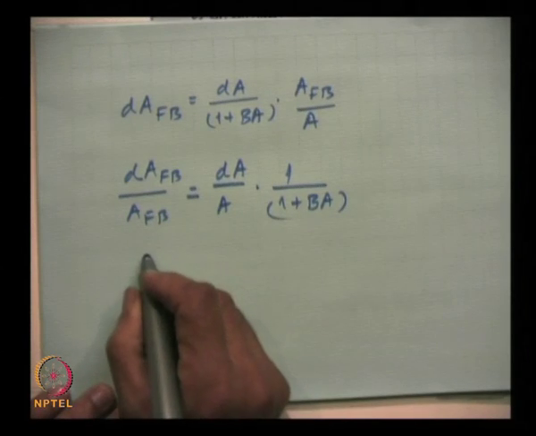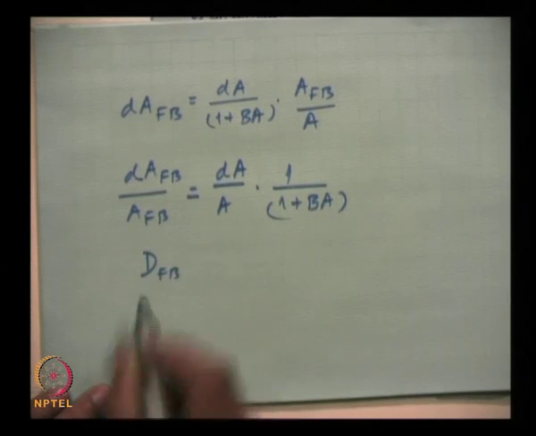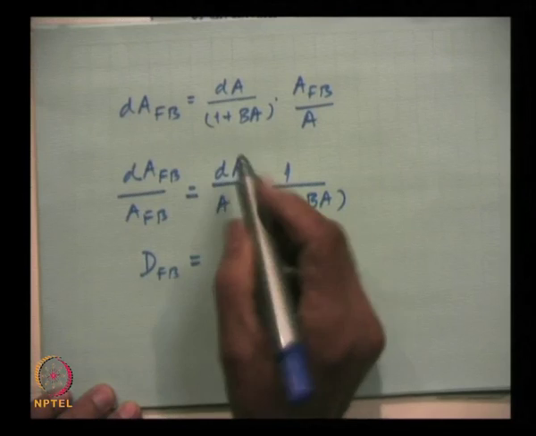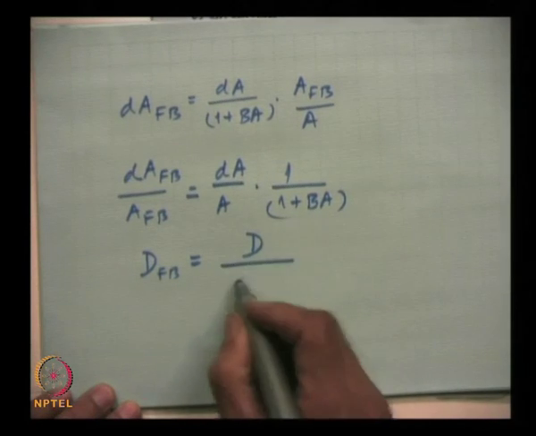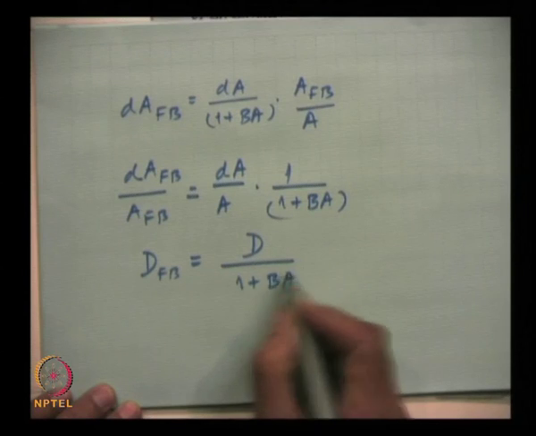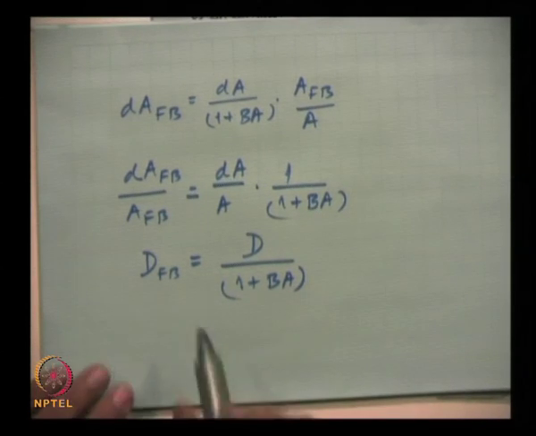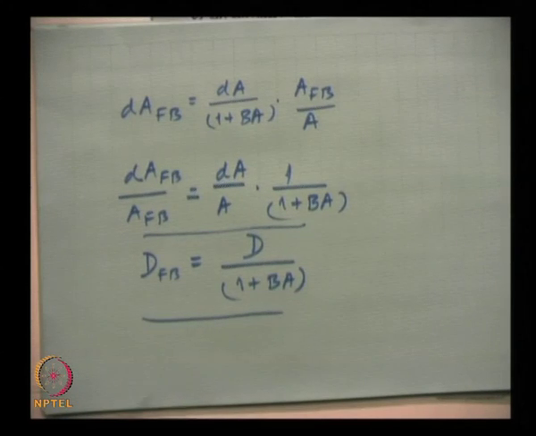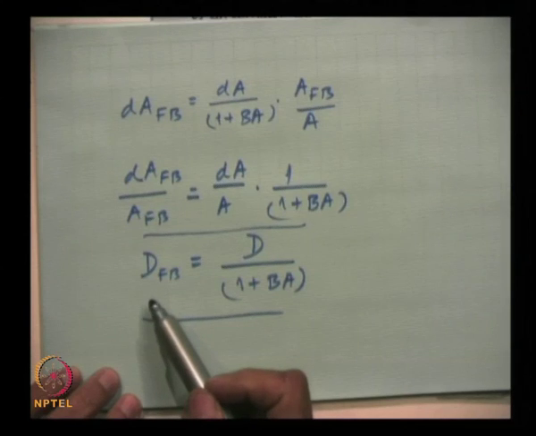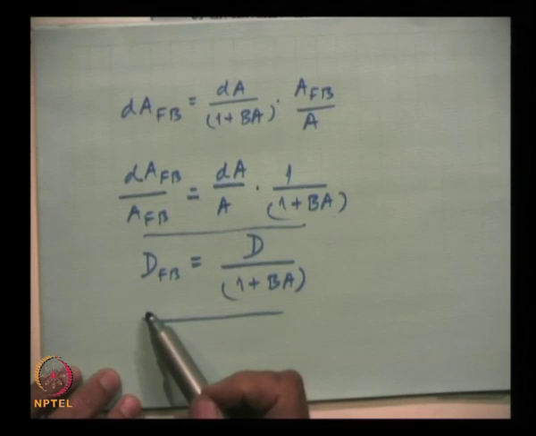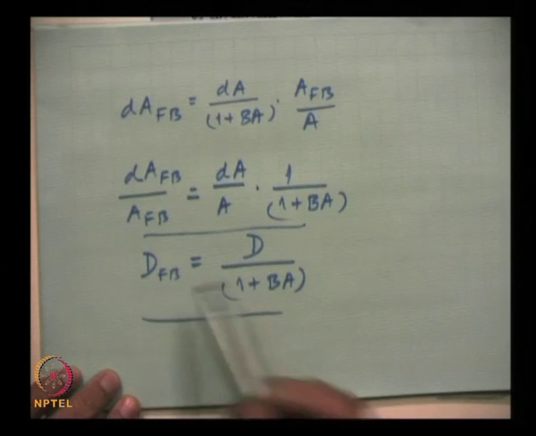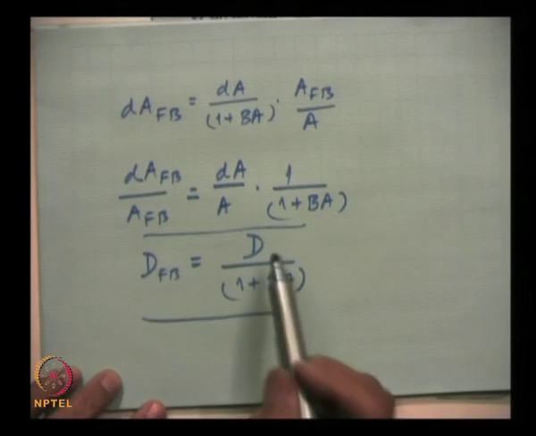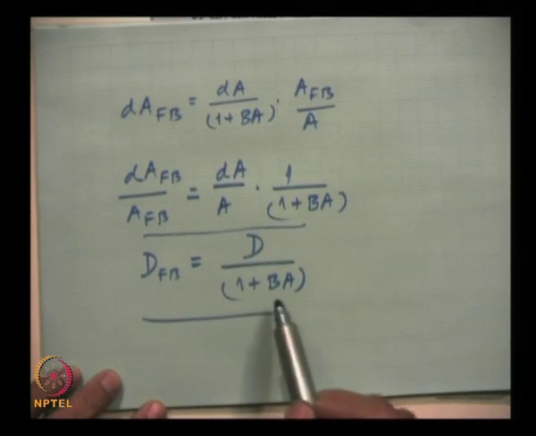So, DFB, the nonlinear distortion with feedback, is equal to D by 1 plus BA. This is the expression which shows that the nonlinear distortion in an amplifier with negative feedback can be reduced over the nonlinear distortion of the open loop amplifier by a factor 1 plus BA.